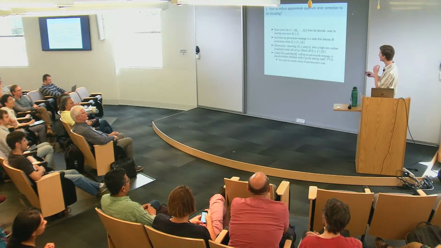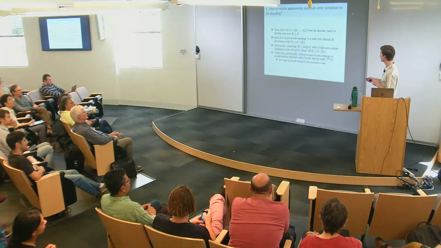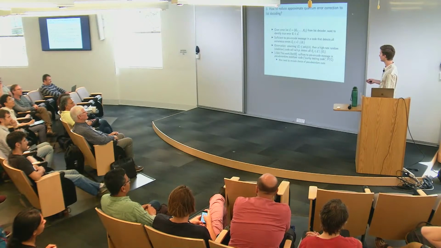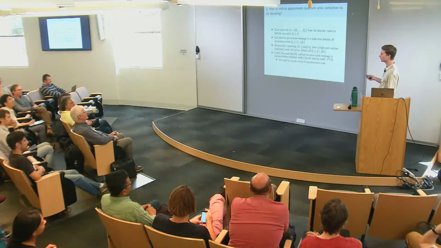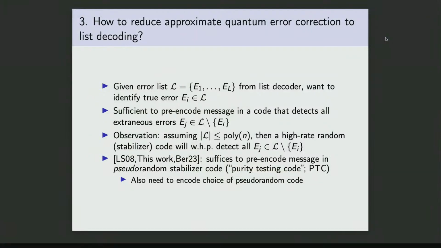So you can actually do all of these steps classically, except for this last thing. This last thing is we're going to take some high rate random code, which will filter out our list and find the right error with high probability. But we still need to transmit to the decoder what this random code is, so that they can decode it.